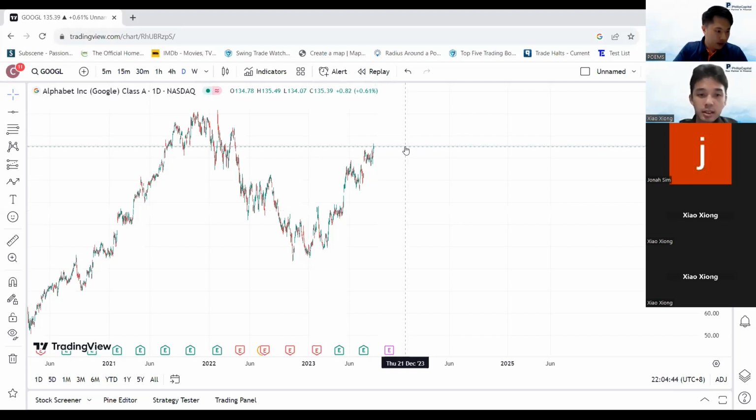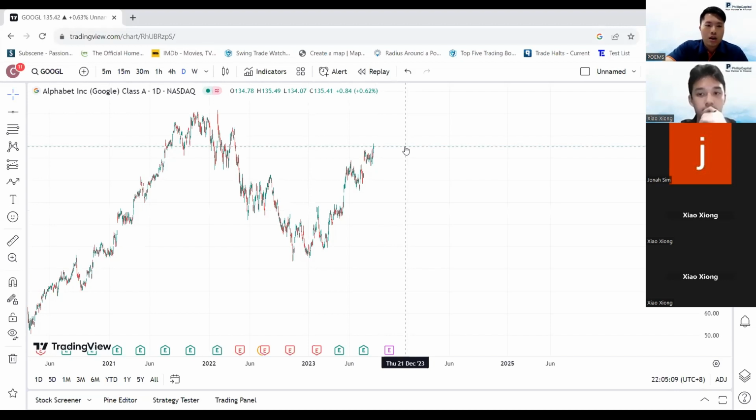Which better index can we show? Okay, since we are on the Google page, one of the audience asked about the difference between the two Alphabet shares, Google class A and class C. The difference is that class A has voting rights for Google, and class C does not have voting rights.